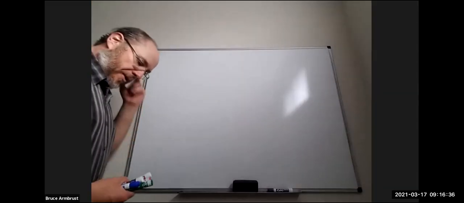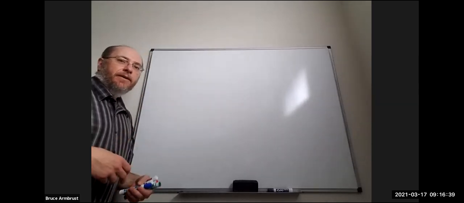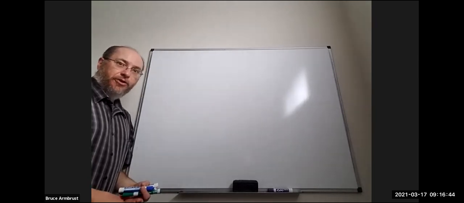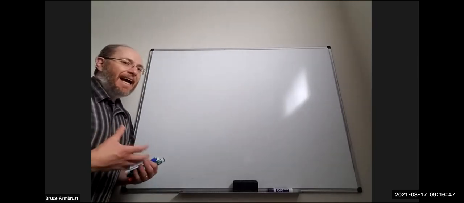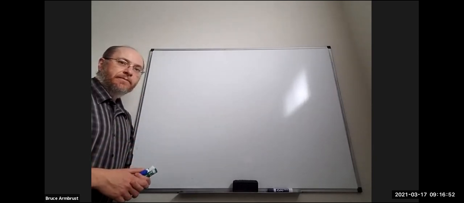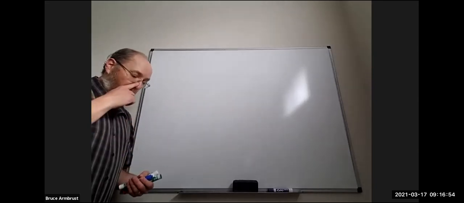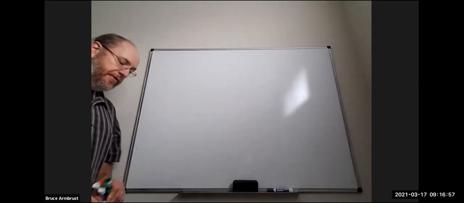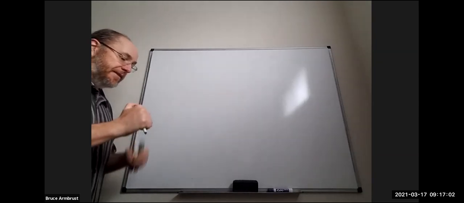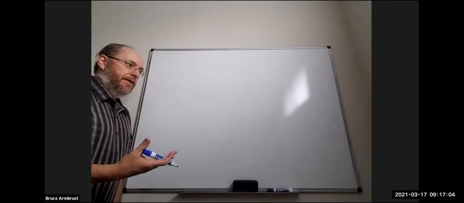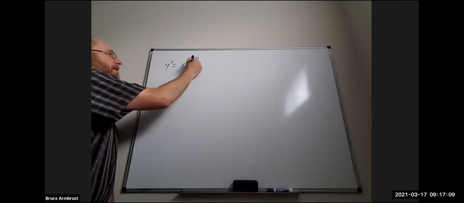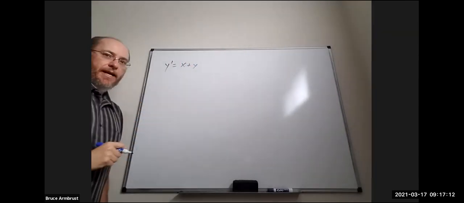All right, so now Euler's method is a numerical way of getting the solution to a differential equation that kind of uses the idea of the slope fields. We're going to use whatever the derivative was to help us get the next bit of our function. So I want to go back to that one that I started with for the slope field idea, y prime equals x plus y.